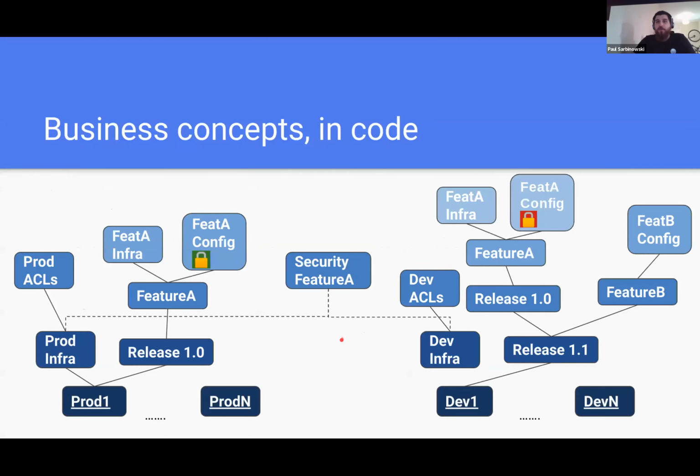This is an image that demonstrates this concept better. These underlined boxes are essentially your targets, your leaves in this Kapitan inventory. You can have multiple dev targets, for example. All of these dev targets could inherit a release 1.1, which is basically release 1.0 plus a new feature.